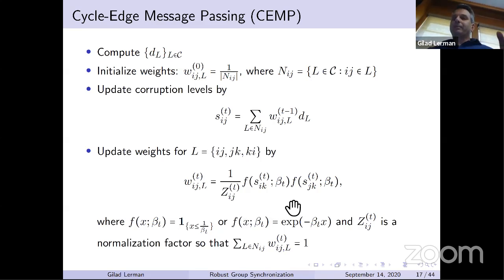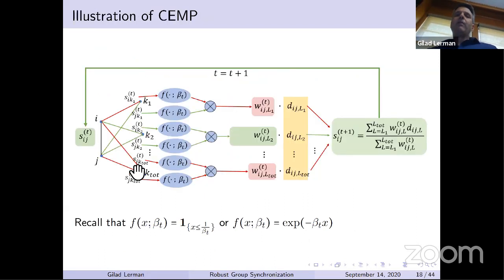So ideally, we are going to have only weights 1 for the good cycles, and we're going to have a desired mean. So let me actually demonstrate it with a figure. Okay, so I start with edge ij, and I have an estimate for its corruption level from the previous iteration.